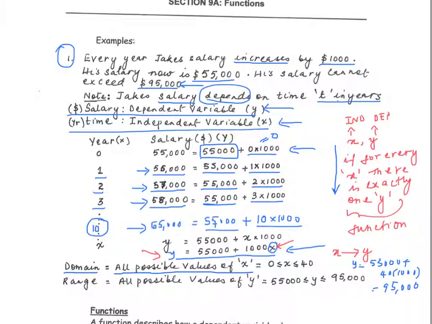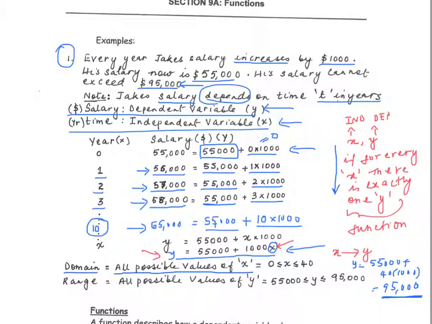So in 40 years, his salary is going to become $95,000. After which, this model that we've set up is not going to work because there will not be increments of $1,000 after 40 years. His salary is going to be a maximum of $95,000 and then it stops growing.